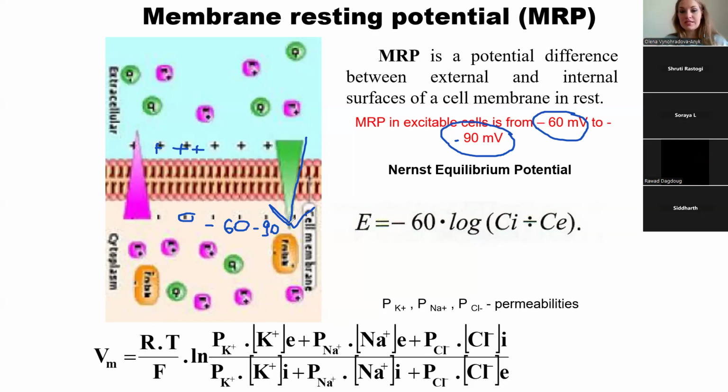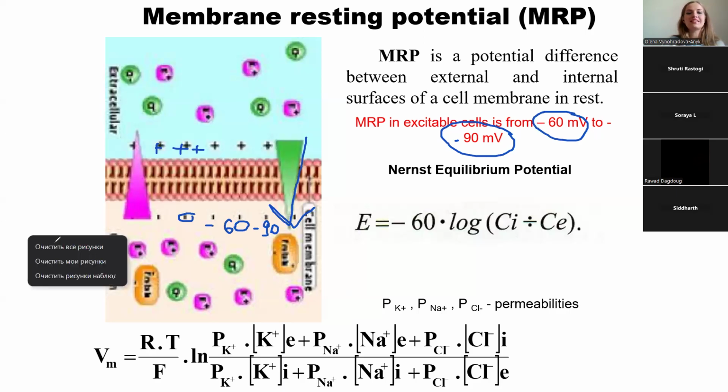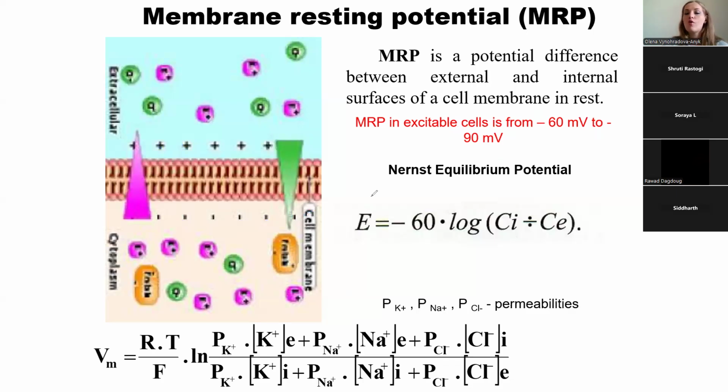Also, we should talk about the mechanism of MRP creation. How does it happen that outside and inside of our cell we have this difference in potential? It happens because of a few factors. First of all, the difference in concentration of ions.